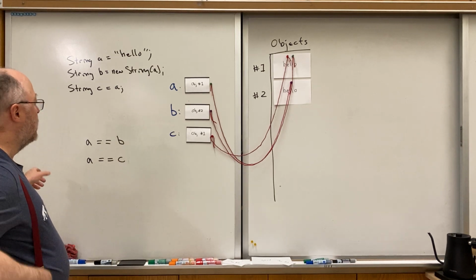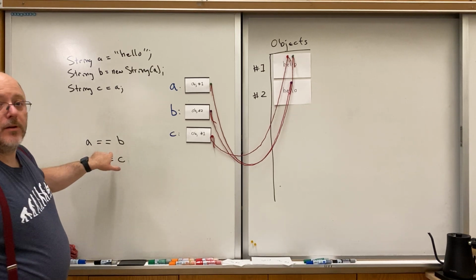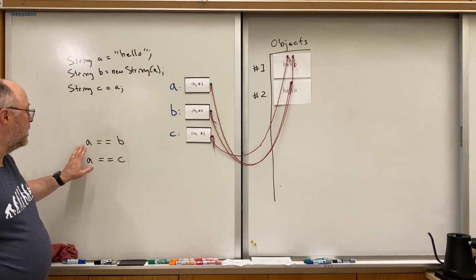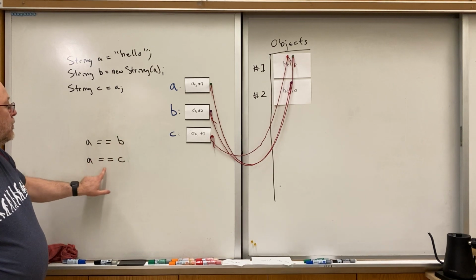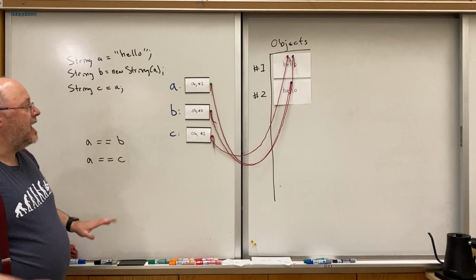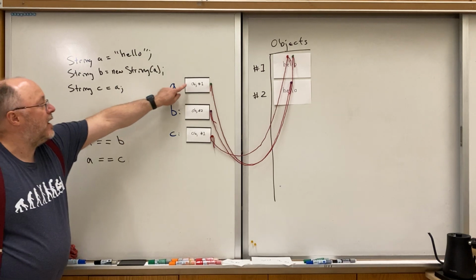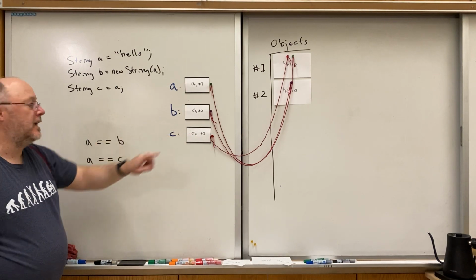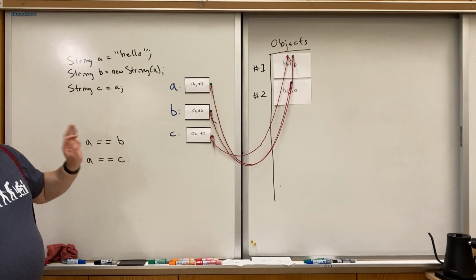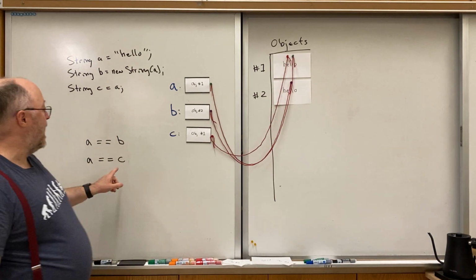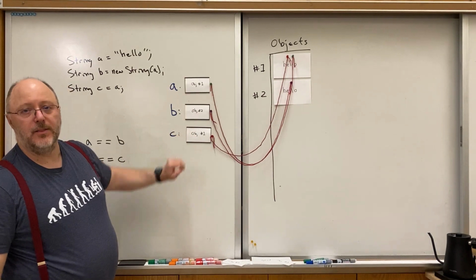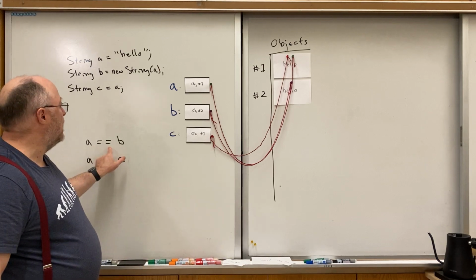Okay, so now we have our same equality comparisons as before, A equals B and A equals C. And again, just like when we copied the value of A into the variable C, the comparison works exactly the same in that it only cares about these values. So is A equal to B?